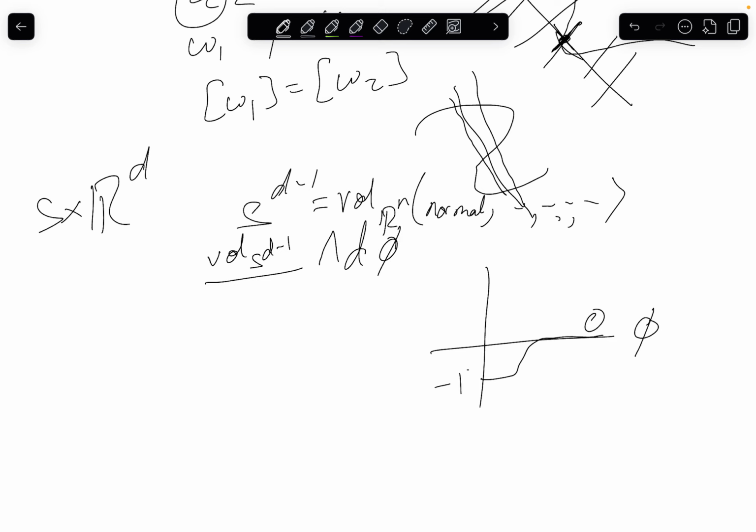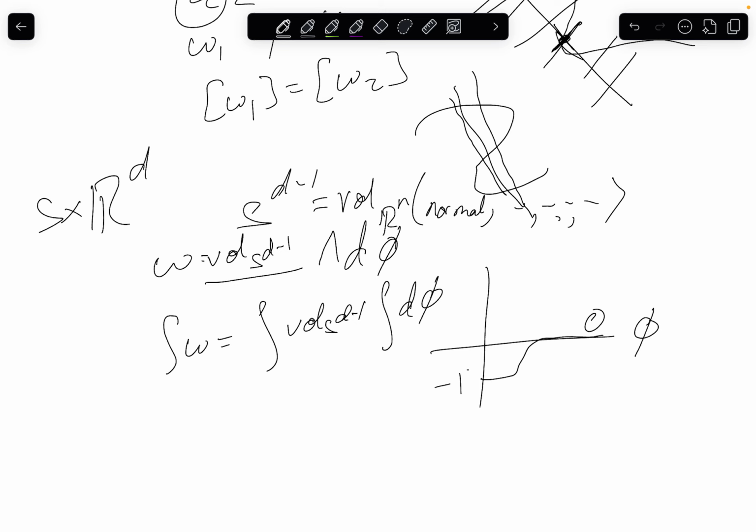And so the point is that if we call this guy omega, then the integral of omega is going to be the integral of the volume form of the D minus 1 sphere times the integral of d phi.